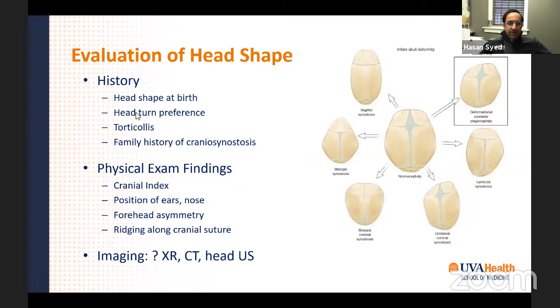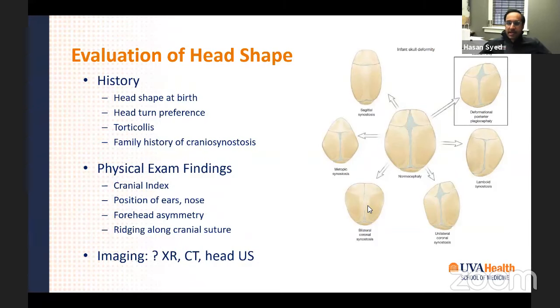So this is a diagram of a normal head shape, and essentially the pathology of a premature fusion of the suture prevents growth of the skull perpendicular to that suture, and so the skull ends up growing parallel to it. On the left here, you see sagittal synostosis. These kids have a long or boat-shaped head, which is what scaphocephaly means. Metopic synostosis, they end up having trigonocephaly, which is more of a triangular forehead, and hypotelorism.